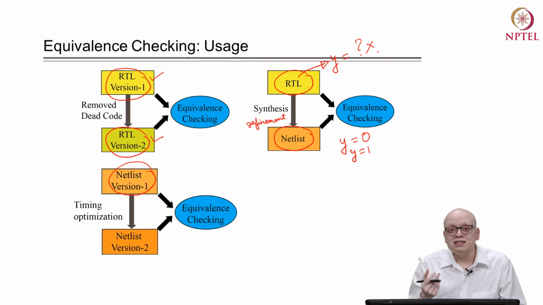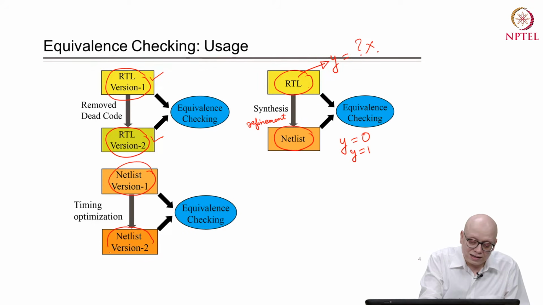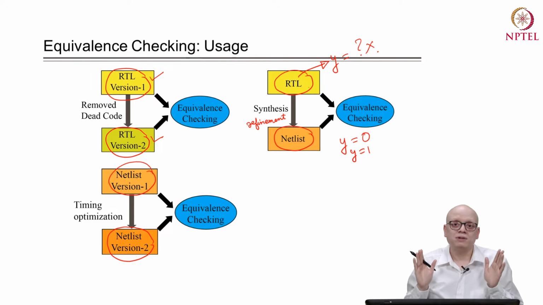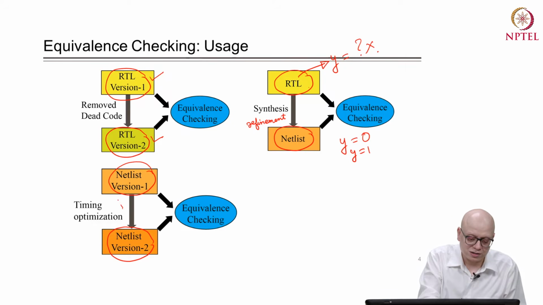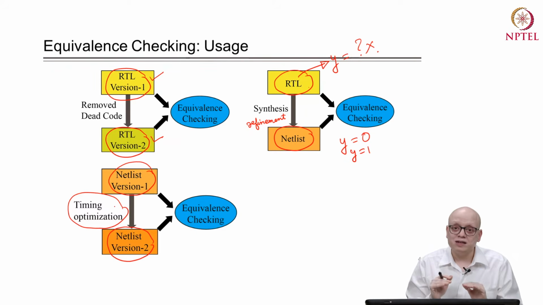If we have changed some logic, or inserted or removed some cells, then we have made another netlist, and functionally these two netlists should be exactly the same. Though the delay profile can change by timing optimization, the logical functionality of these two representations should still be the same. To ensure that, we need to carry out equivalence checking.